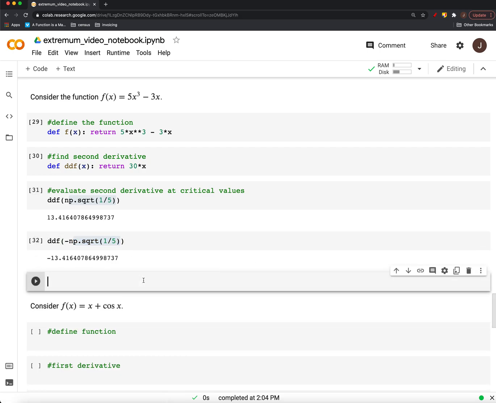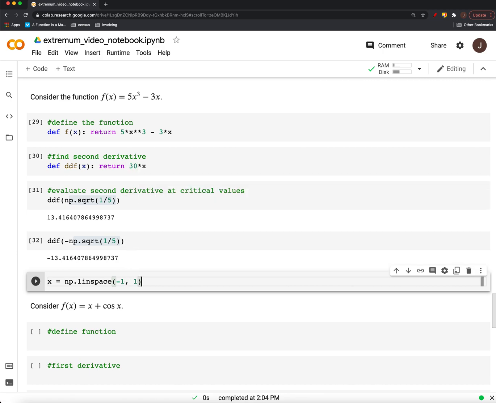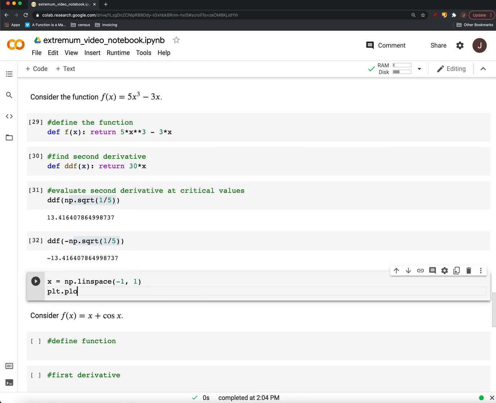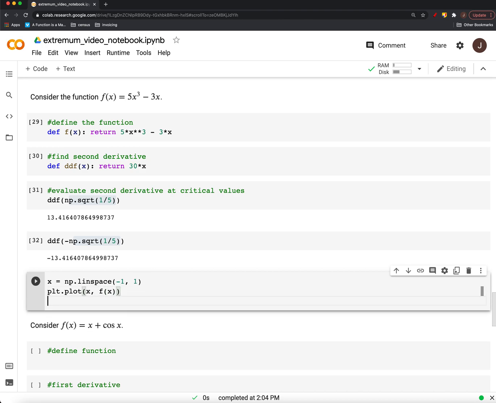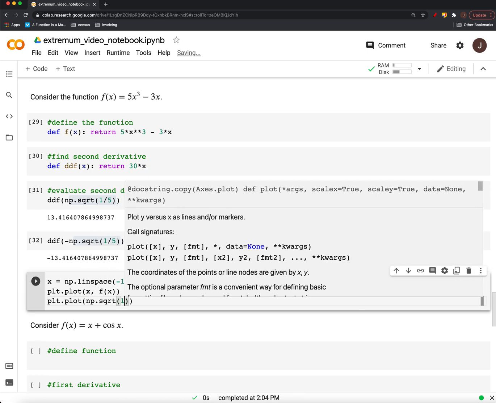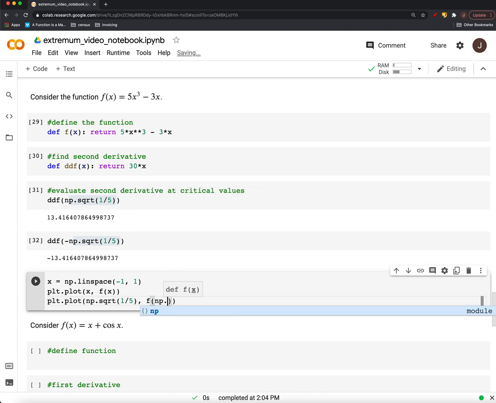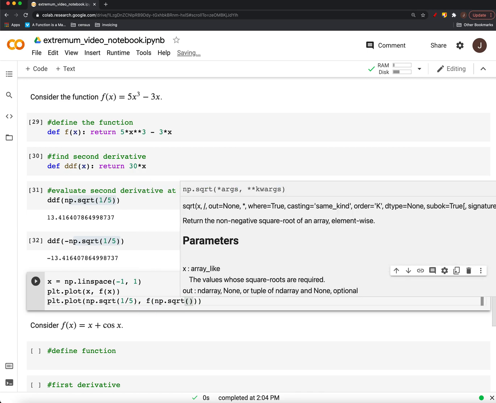So just to be for sure, let's plot these between negative 1 and 1. And we'll also plot those points, right? So this is np dot square root of 1 over 5, and f of the square root of 1 over 5.